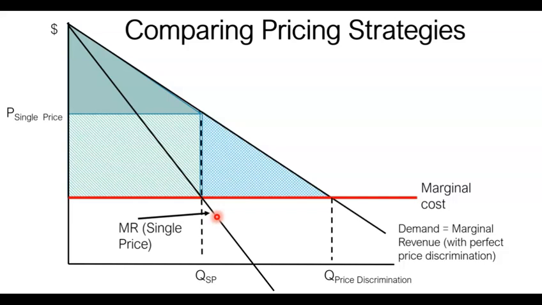However, in the case of perfect price discrimination, we saw that it's possible to expand sales all the way up to this point here.